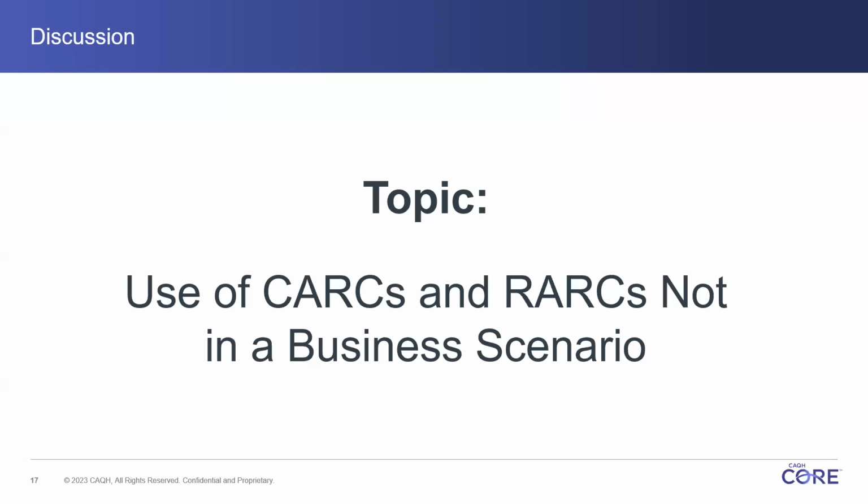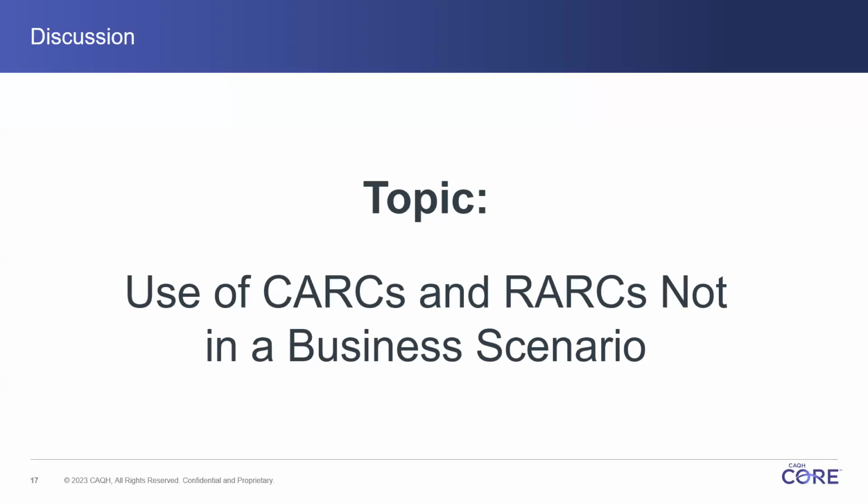What we do know happens a lot is payers just reporting a CARC, like 45 or 96, and not really giving that second level of detail as to why. And that's really what remark codes are. The RARC code set is a second set of messages that give that very detailed message that goes along with the CARC to say this is exactly why you're not getting paid this amount.